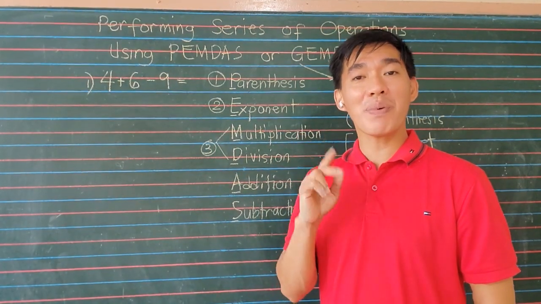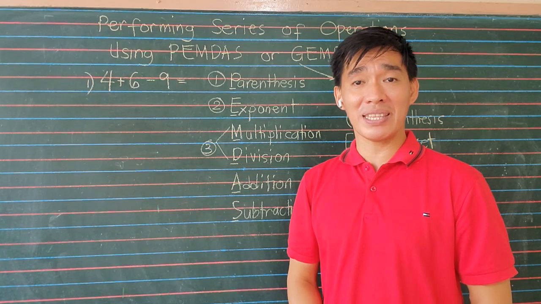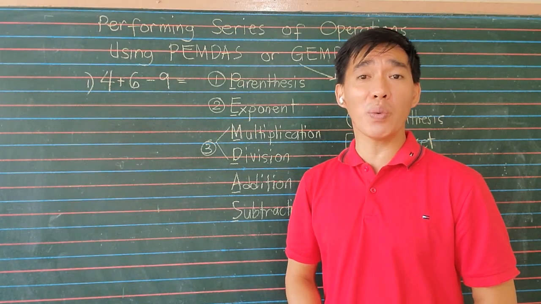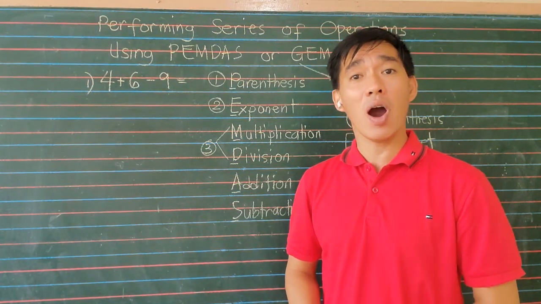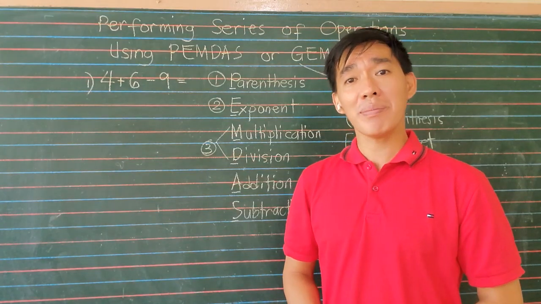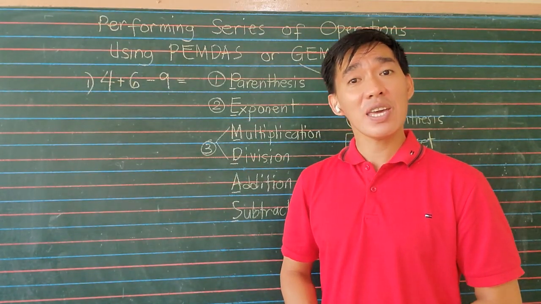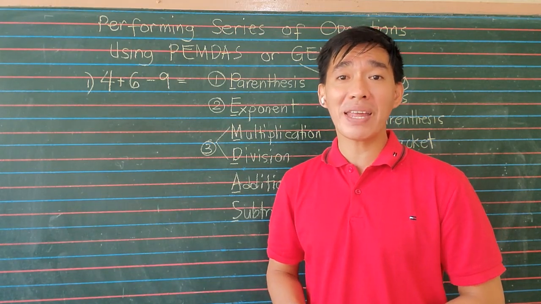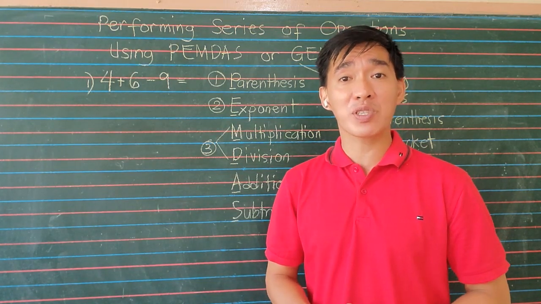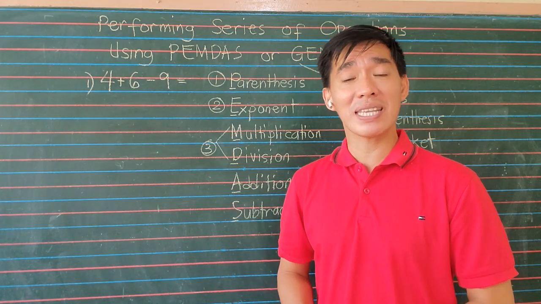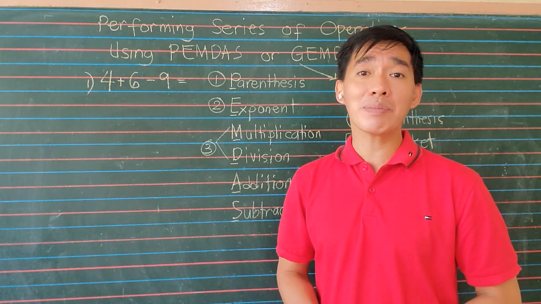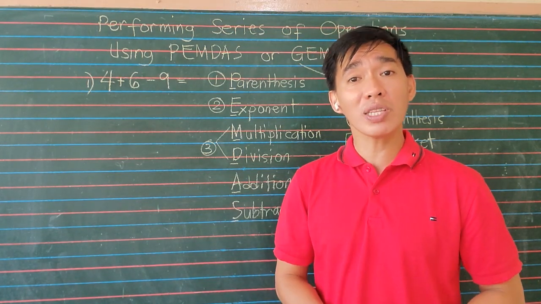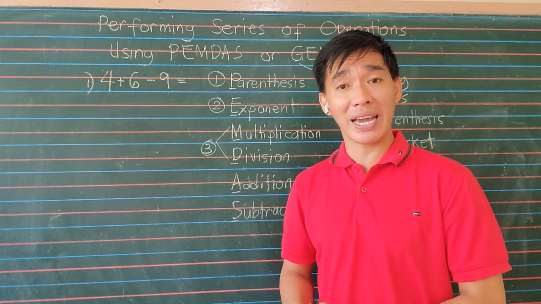For these two operations, it does not mean that multiplication should always be solved ahead of division. What we mean by this is that either multiplication or division should be done first depending on their order from left to right. So it simply means that if multiplication comes ahead of division, you multiply first before you divide.